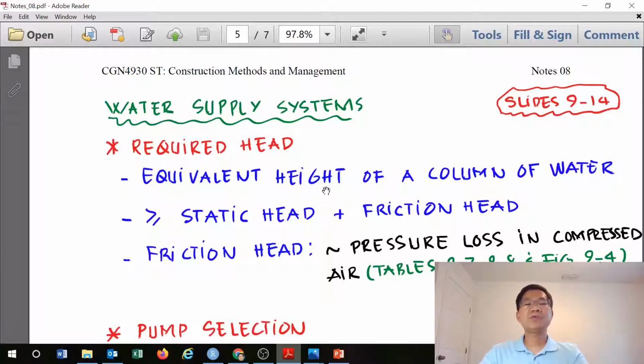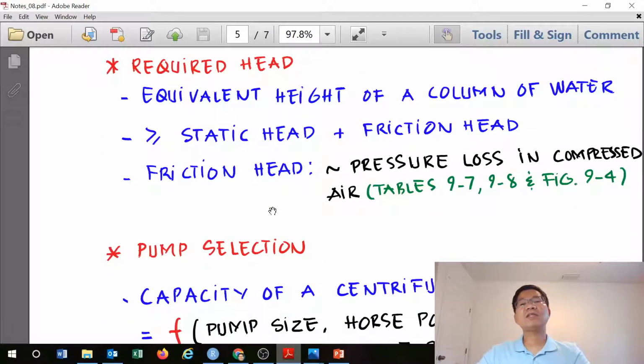determine the required head, that equivalent height has to be greater than the sum of the static head and the friction head. The loss due to friction through the pipe, through the fittings, through the hose, all of that we call friction head. And the friction head, we determine similarly to how we determine the pressure drop or loss in compressed air that we worked in problem 2 in today's lessons and the concept in the first video of today's lesson, but use different tables.